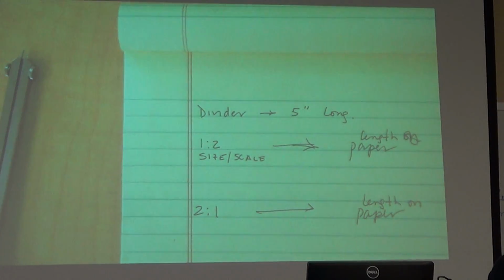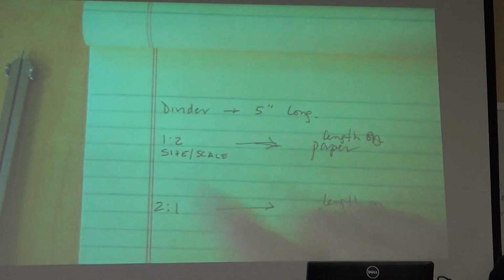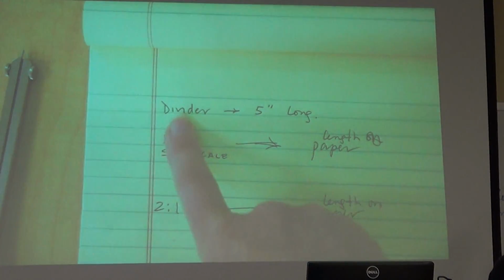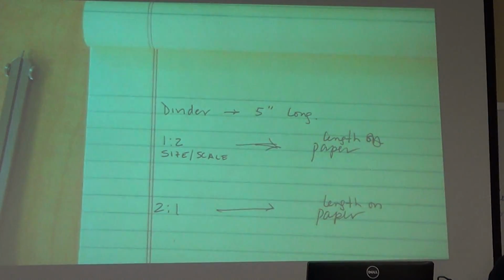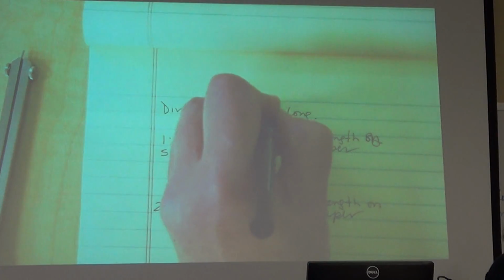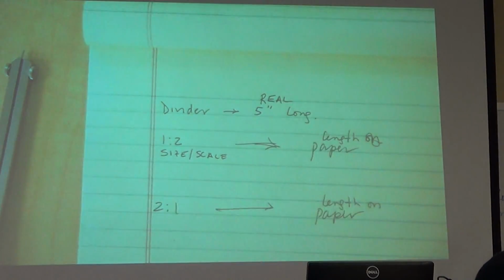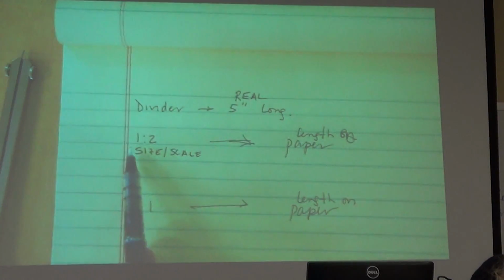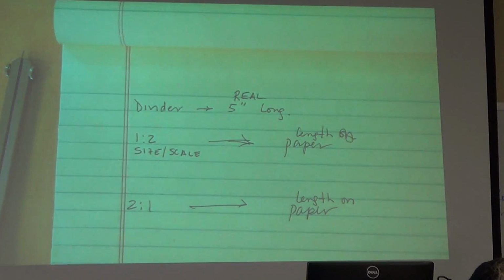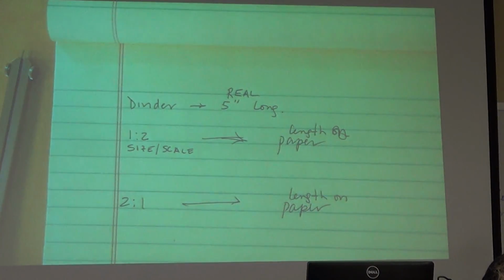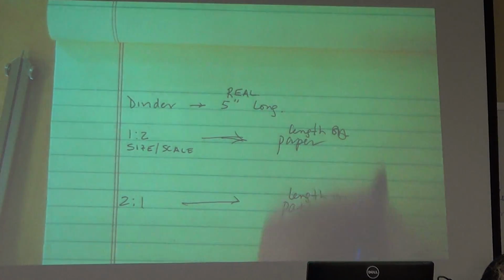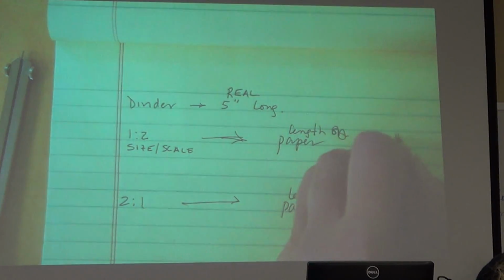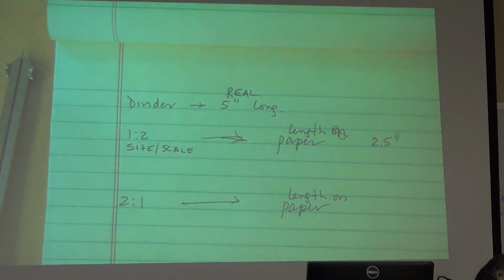Okay, so if the real length of the divider is 5 inches long, and I'm using a scale of 1 to 2, how long is the divider on paper? 2.5 inches. If I'm doing it 2 to 1, how long is the divider going to be on paper? 10 inches.